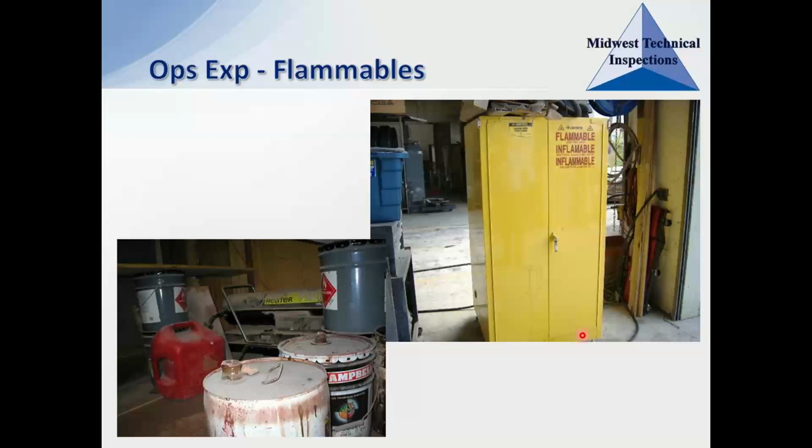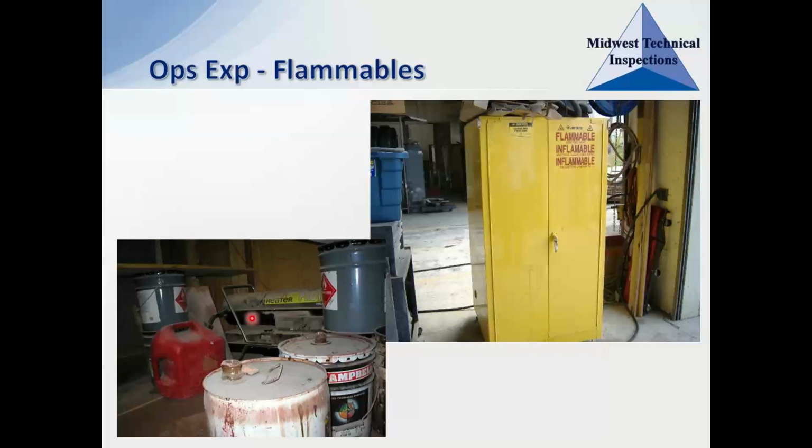It's got some sort of spill containment at the bottom, so that you don't have stuff leaking out. It should probably have some sort of ventilation system, probably on the backside, so that if vapors are released, they're vented out and away. So we need to see something like that. It should be either bright yellow or bright red to identify that, hey, this is flammables. That's what we'd like to see, or maybe the storage room.